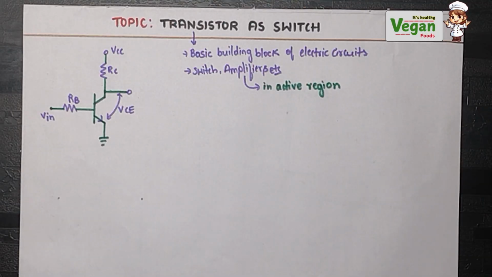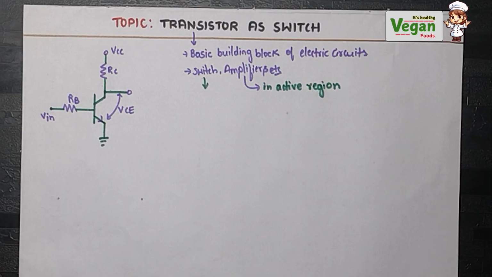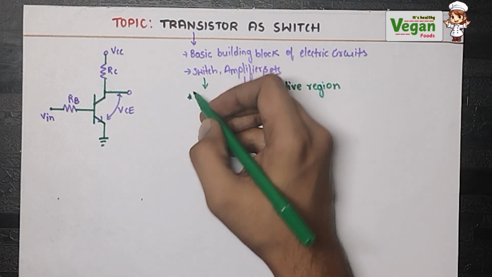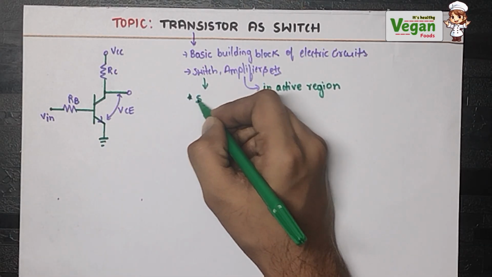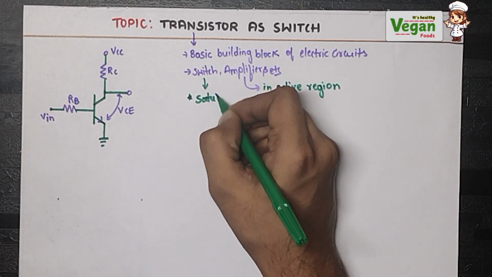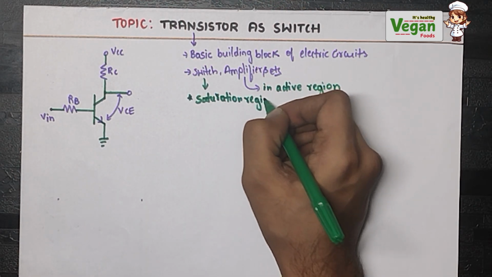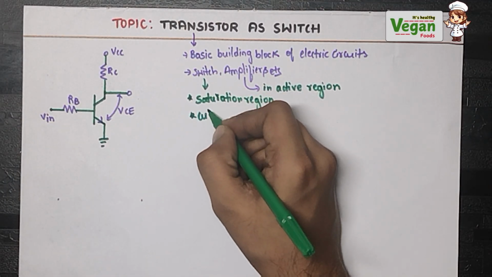Now while discussing transistor as a switch, there will be two conditions. The transistor can be in the saturation region, and it can be in the cutoff region.